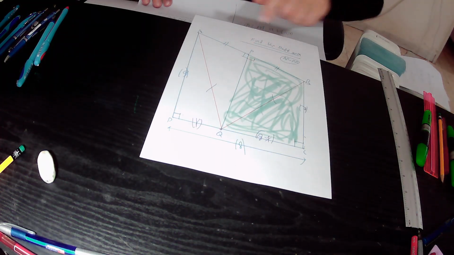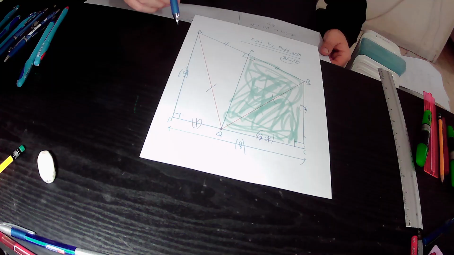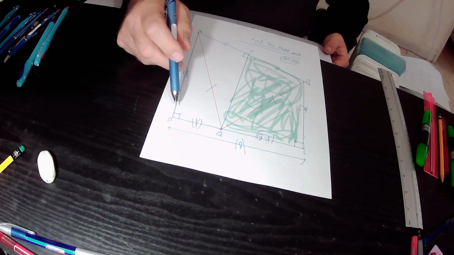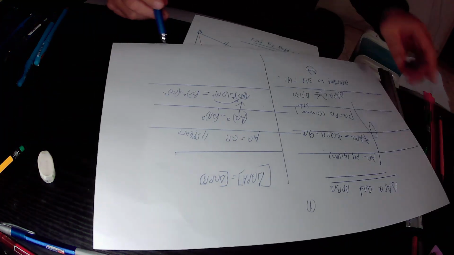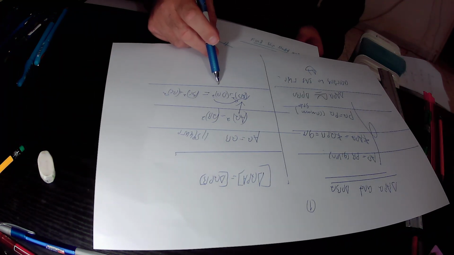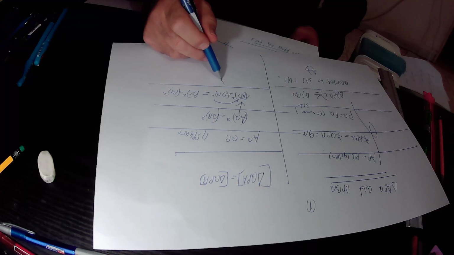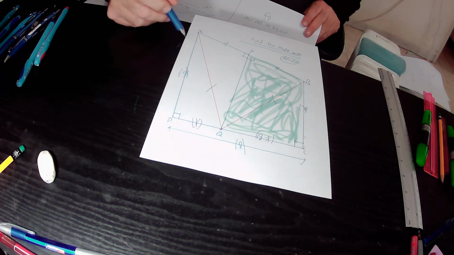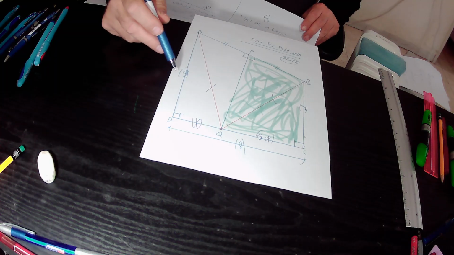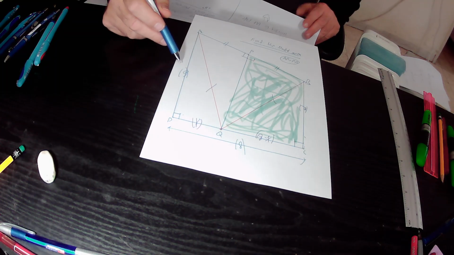So here we can substitute DQ in this equation by x. DQ equals x, therefore DQ square is x squared. We have AD squared. AD is 9, therefore AD squared is 9 squared, that is 81.